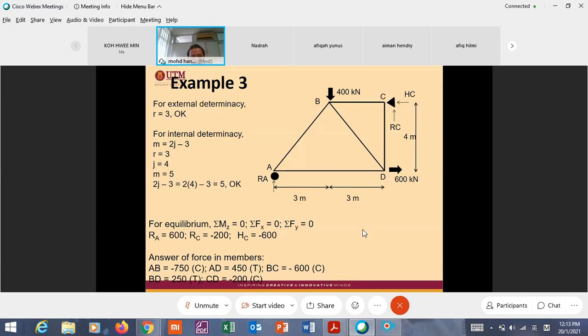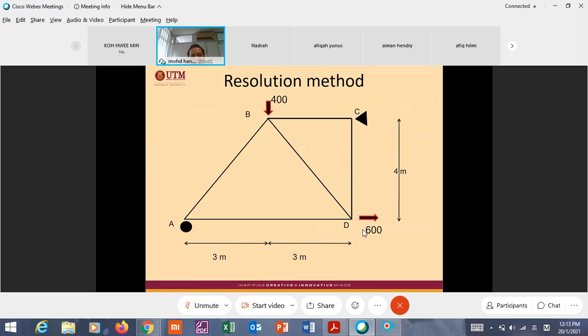So this is now the force, external force or applied force, and the reaction. This is reaction. Make sure, just simple to check. The applied force is 600 horizontally, so in your reaction it should be equal to 600. The total vertical force is equal to 400.